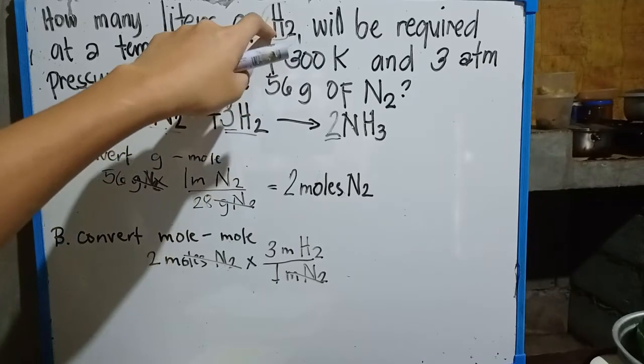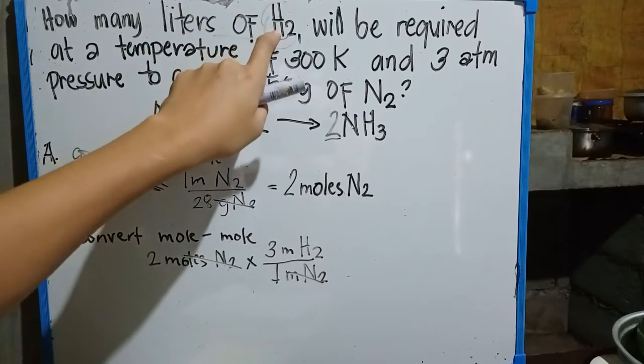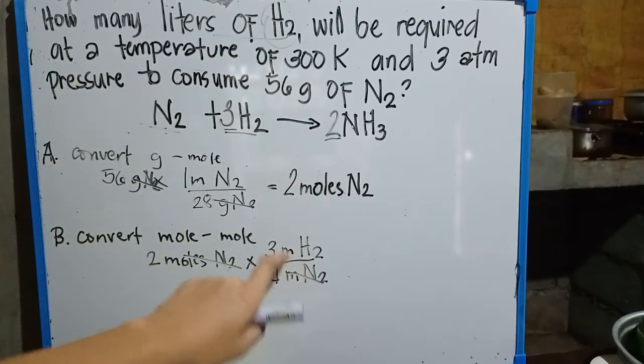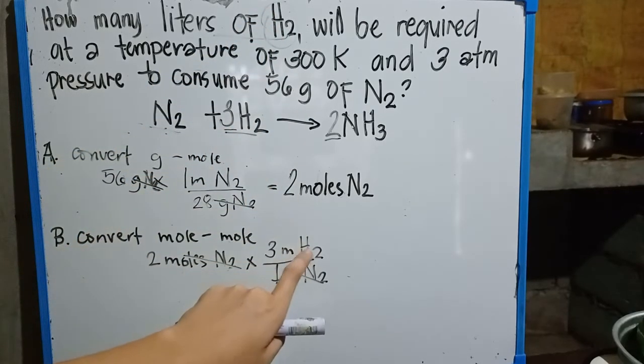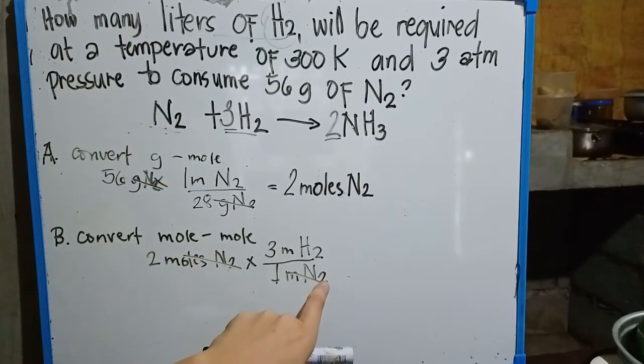So in order to proceed to the liter, we first need to get the mole of our hydrogen gas. That's the reason why we use 3 mole of hydrogen gas divided by 1 mole of nitrogen gas, so that the nitrogen gas cancels out. So, that is the reason.